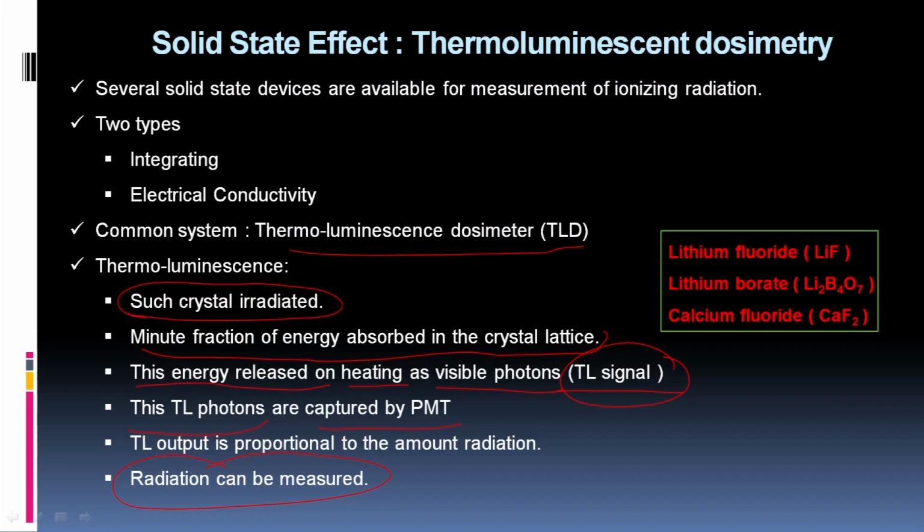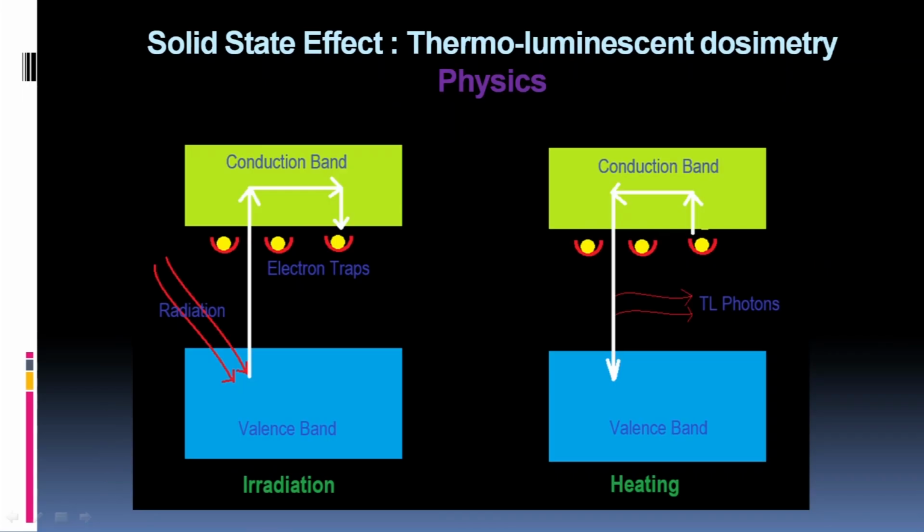Now I am going to discuss the physics behind thermoluminescence. We know that there are two bands, one is the valence band and another is the conduction band, and in between the valence band and conduction band there is a forbidden gap.